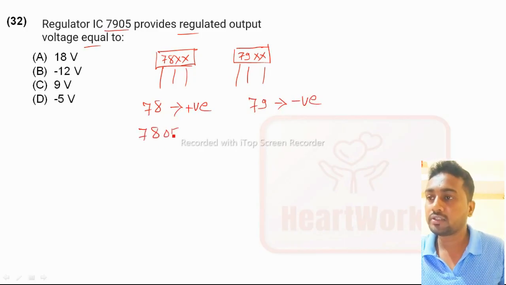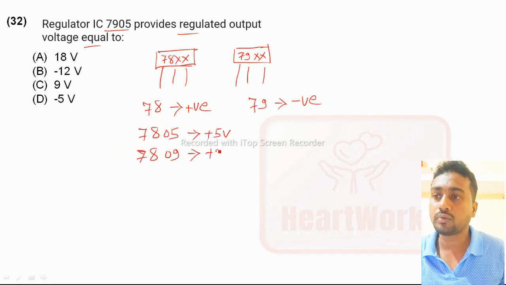Suppose the number is 7805, then it will give positive 5 volt output. If the number is 7809, it will give positive 9 volt. For 7812, it will give positive 12 volt output.